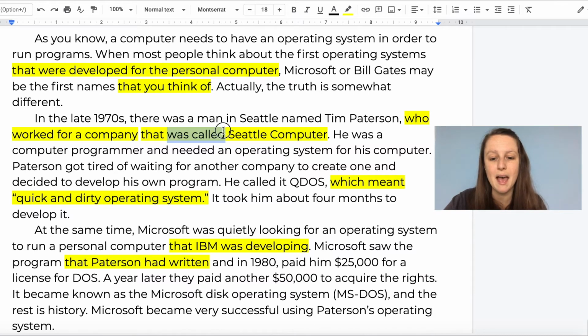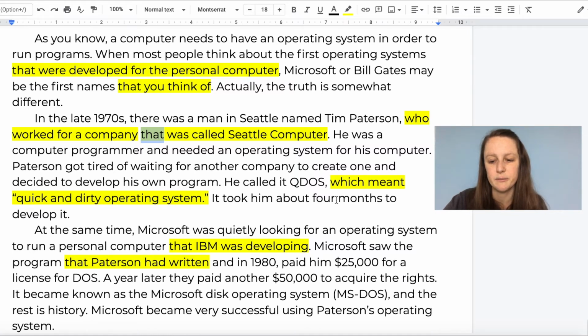We've got another passive verb, was called, and I don't see an obvious subject for this verb. So we're going to say that is the subject of this clause. So both of these, who in this case and that in this case, are both the subjects of the relative clauses or the adjective clauses.